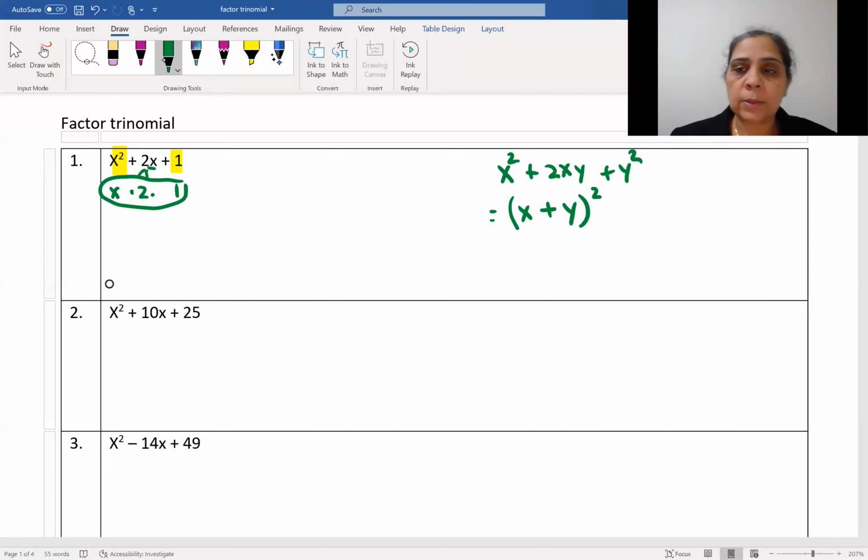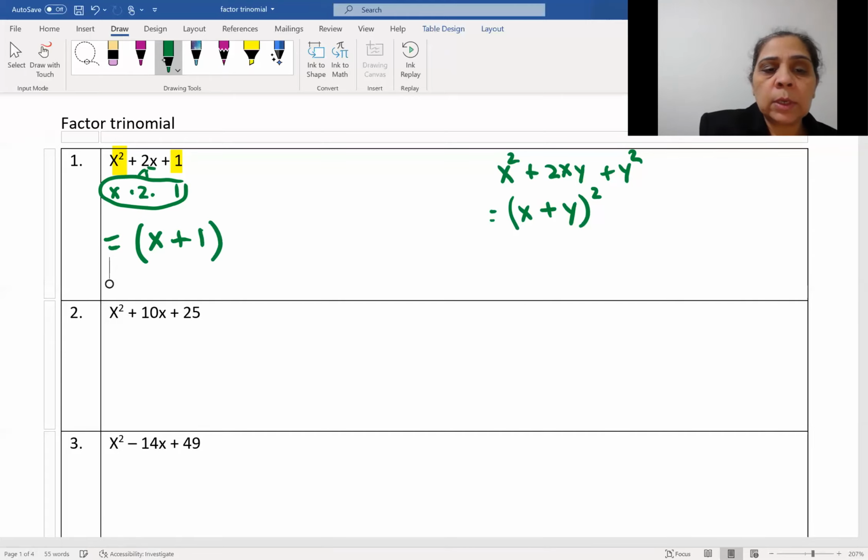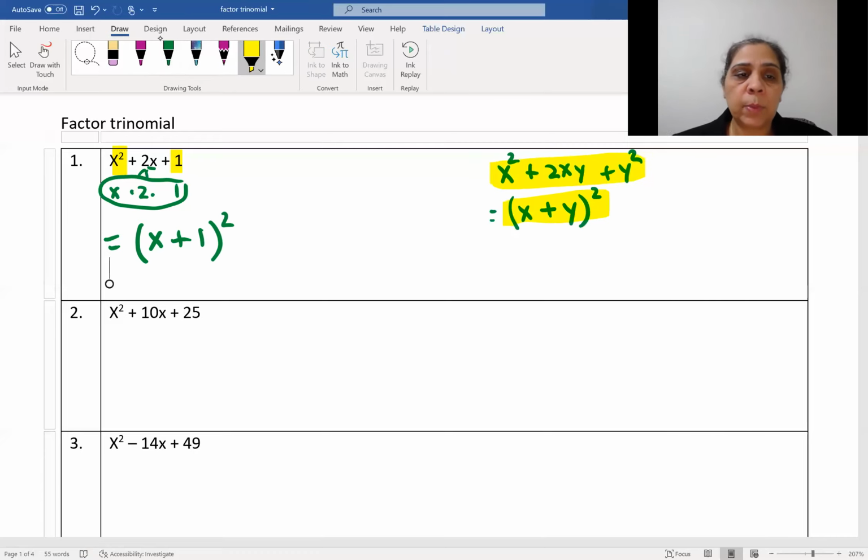So yes, it is satisfied. So now we can write the square of a binomial: the square root of x square is x, the middle term sign, the square root of 1 is 1, and square. And that's it. If you memorize this rule, it will really help you to find factors for the square of a binomial.